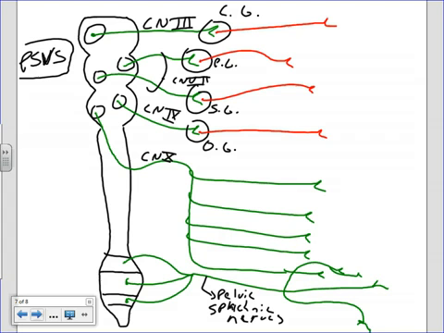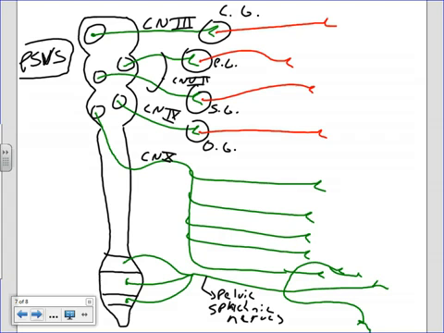What you're noticing here is that the bulk of the parasympathetic nervous system comes from cranial nerves. The parasympathetic innervation to the eyeball comes from cranial nerve number 3.